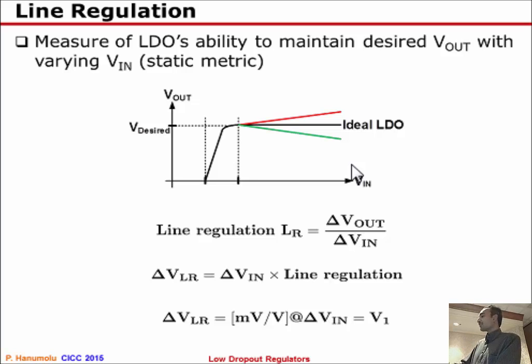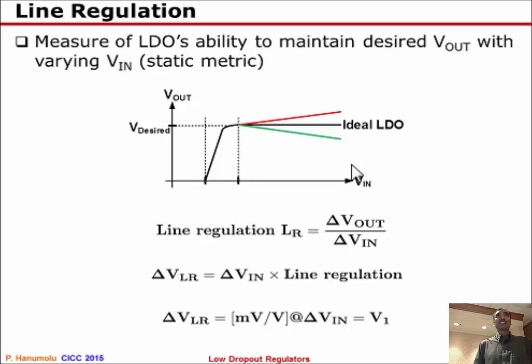But which means that in the presence of any parametric variations, unless you have infinite loop gain, you should expect changes in the output, right? This is defining a way to quantify that change. And again, line regulation is delta V out, changes in output voltage, to changes in the input voltage. Typically, it is specified as millivolt per volt, 1 millivolt per volt at delta V in of 1 volt.